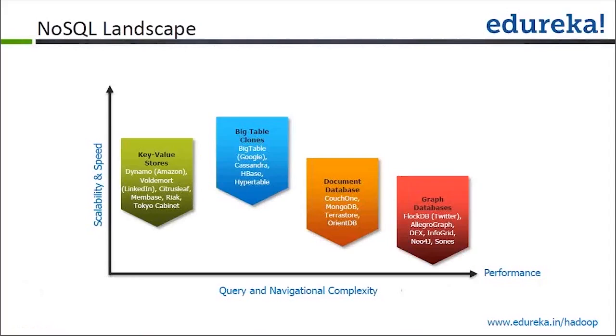You have multiple databases that qualify as NoSQL databases, like DynamoDB, Bigtable, Cassandra, MongoDB, FlockDB, Neo4j, right? All these databases qualify themselves as NoSQL databases, and the only thing you will find common across all of them is that they don't have a SQL interface, right?